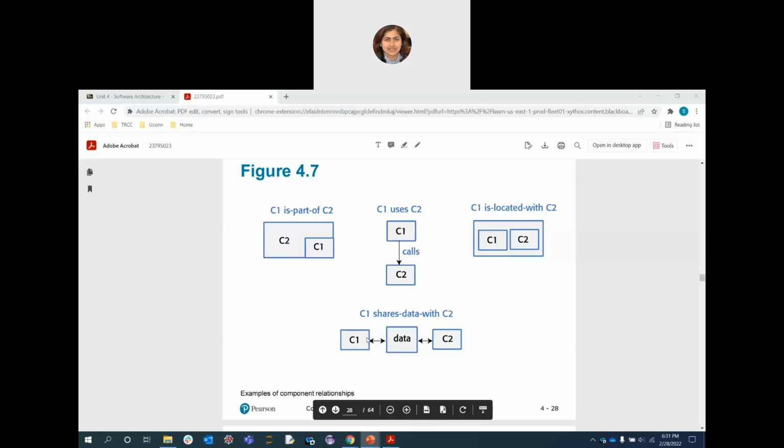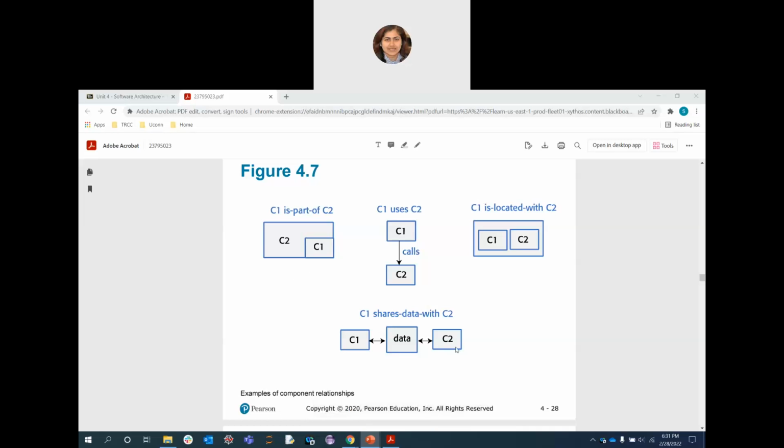So if there are relationships between multiple components, these are easier to understand if all the components are defined in the same module or in the same location.